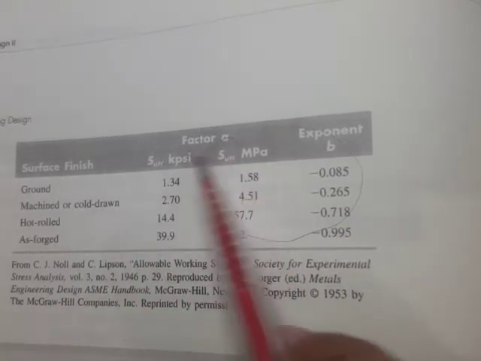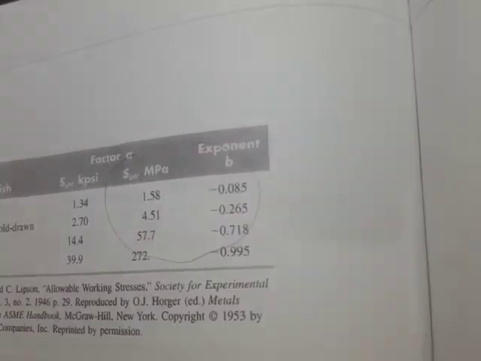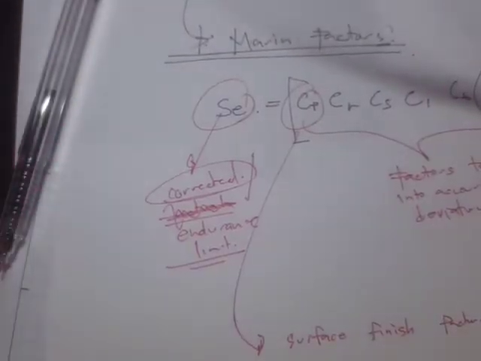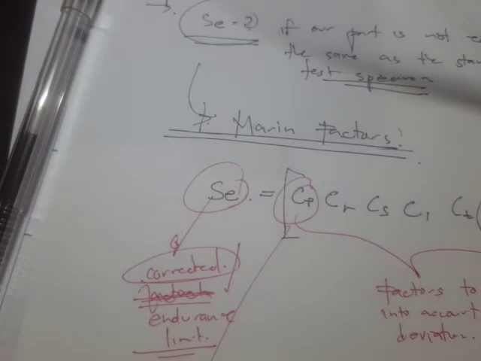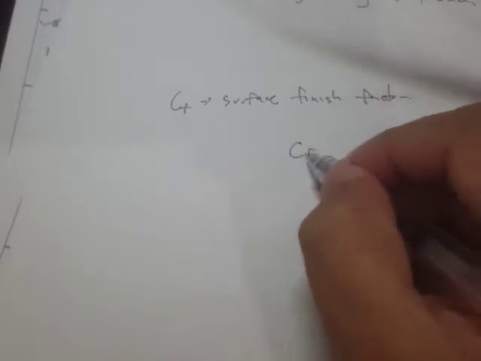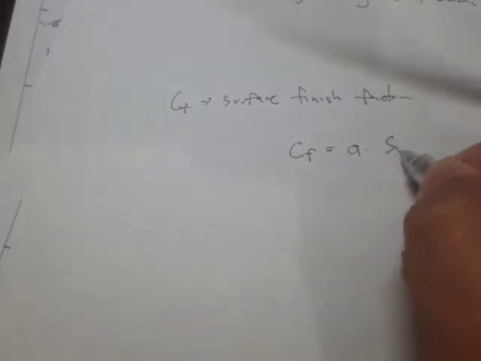The equation to compute the surface finish factor, CF, is equal to A times Sut raised to B. So what are these values A and B?